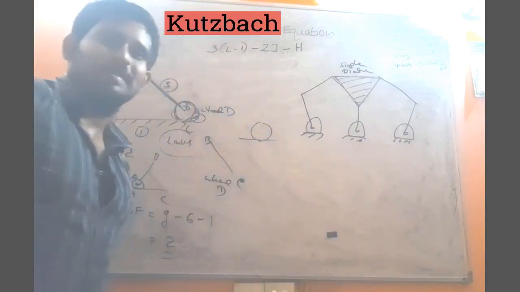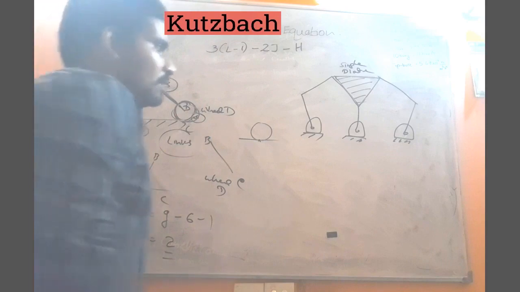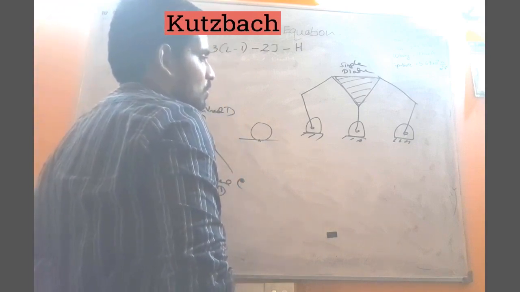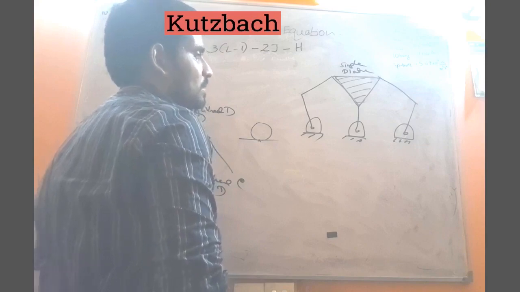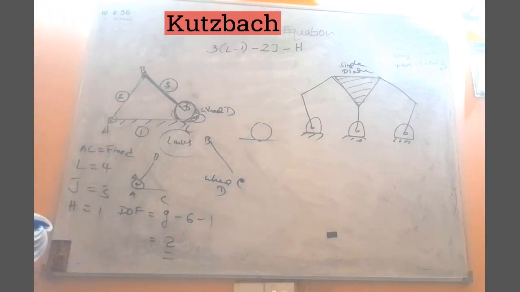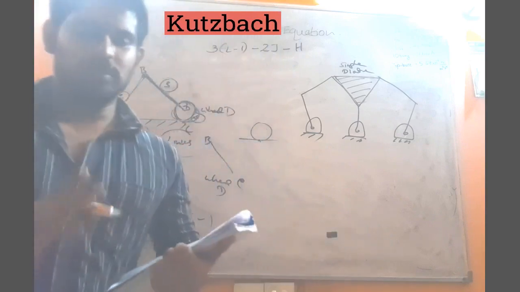So now let's give labeling for the members. What is the first link? This is a very special point where students make mistakes.